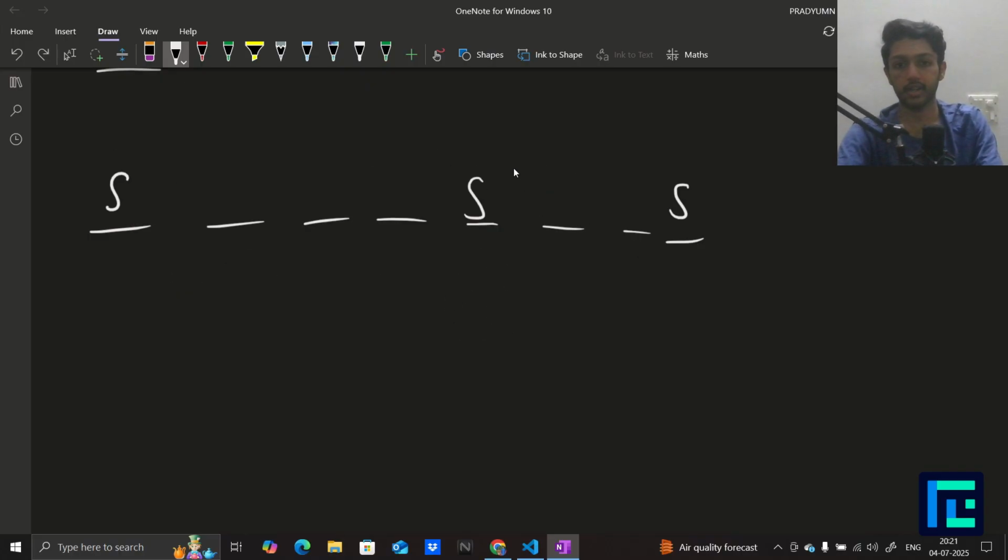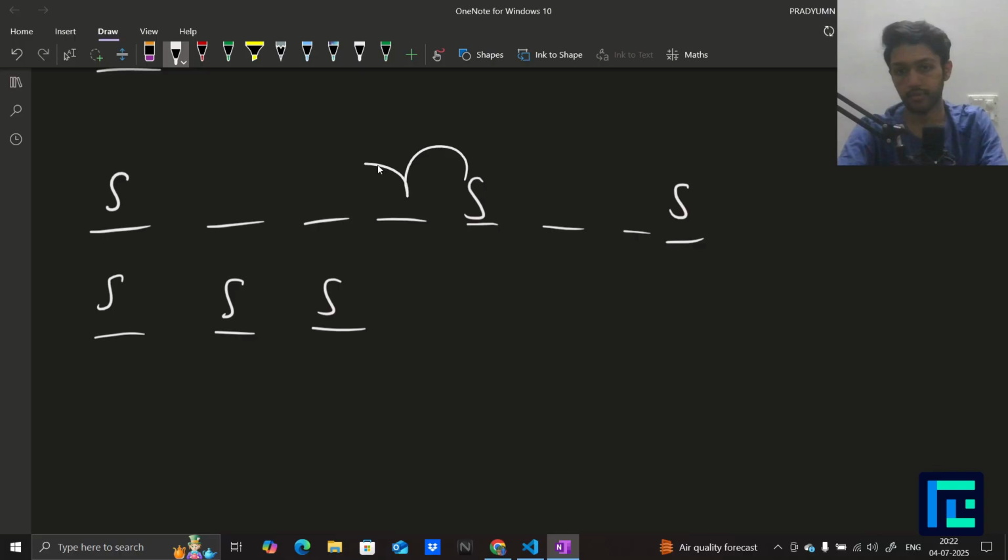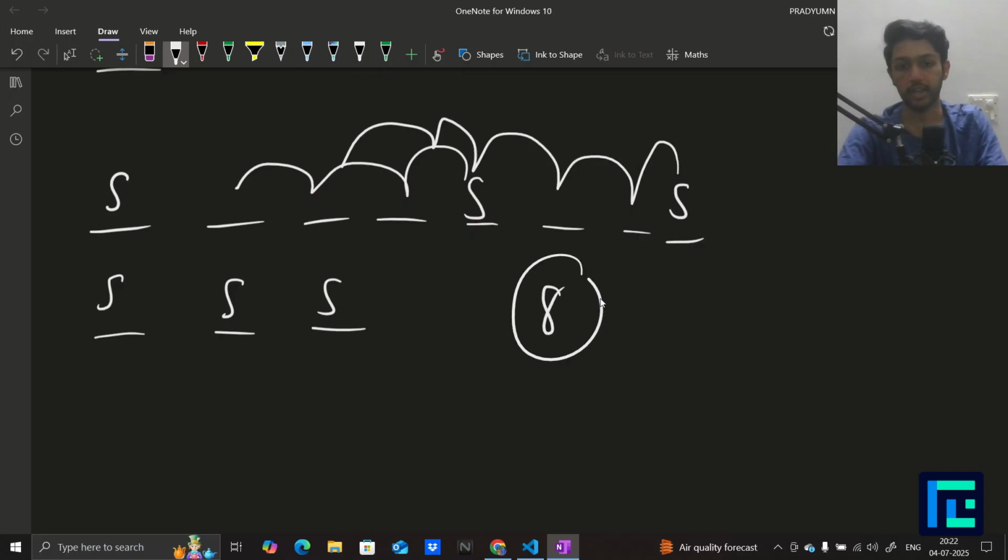Now if I assume that my final state is this, towards the left, then the answer would be 1, 2, 3, and 1, 2, 3, 4, 5. So it is 8. In the earlier one we were getting 7, and in this one we are getting 8.